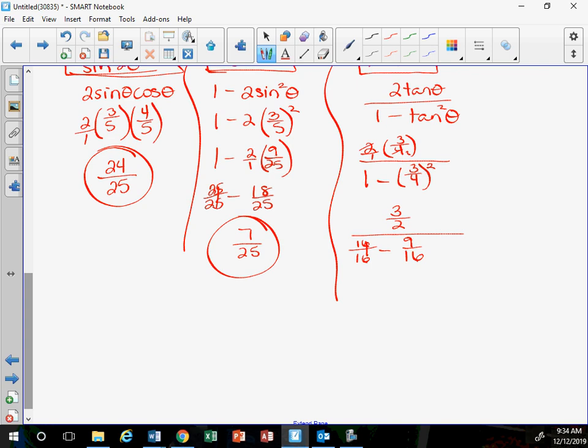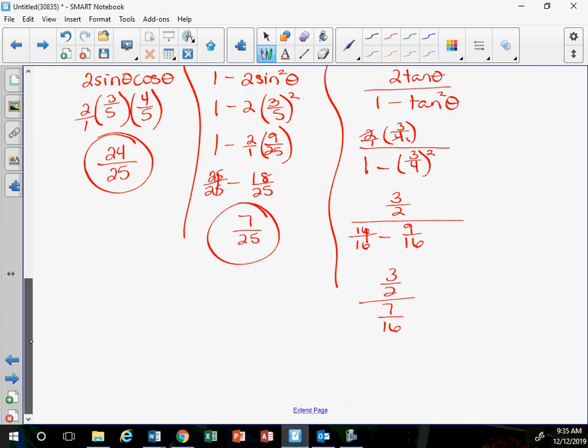Okay, are you guys with me to this point? Or let me pause for a second, make sure you're caught up, because this is where it gets kind of ugly. Hey, wouldn't you just go 7 over 16 times 2 over 3? Not quite. You flipped the wrong one. Oh, right, yeah. Okay, so this is 3 over 2 over 7 over 16.